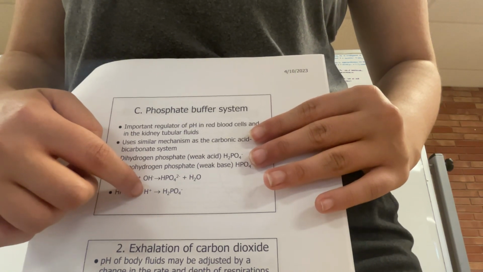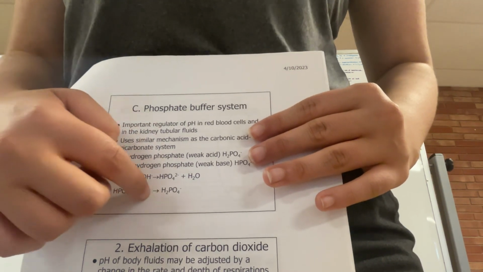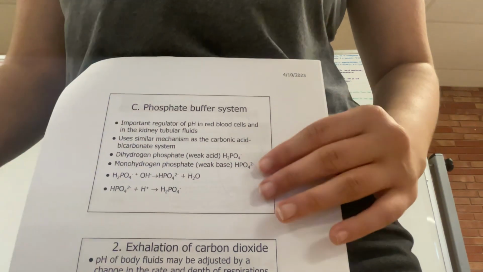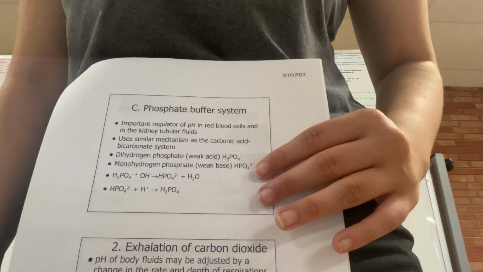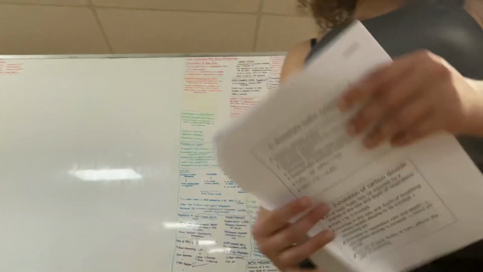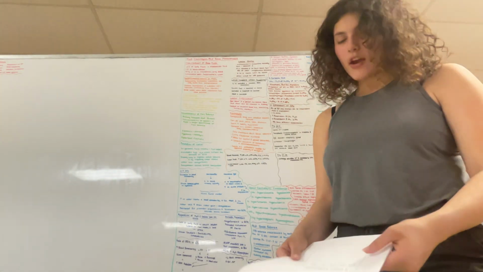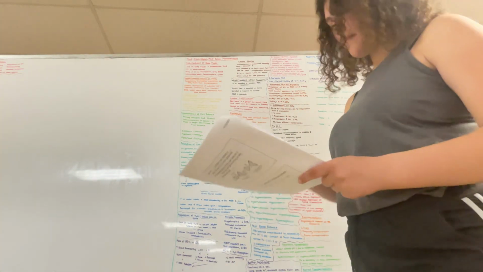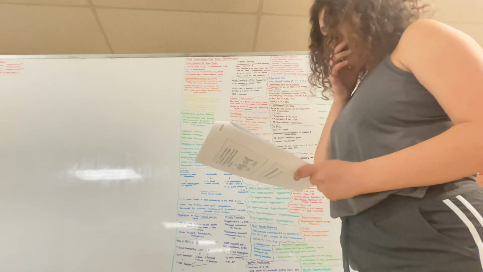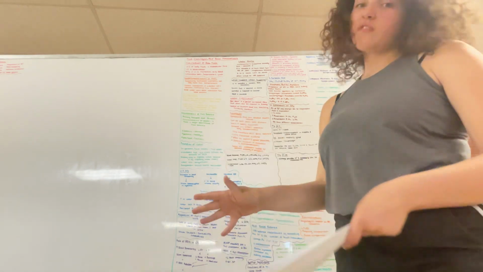You have an extra hydrogen on your phosphate, and that makes our weak acid, dihydrogen phosphate, because you just added another hydrogen. And that's the phosphate buffer system.